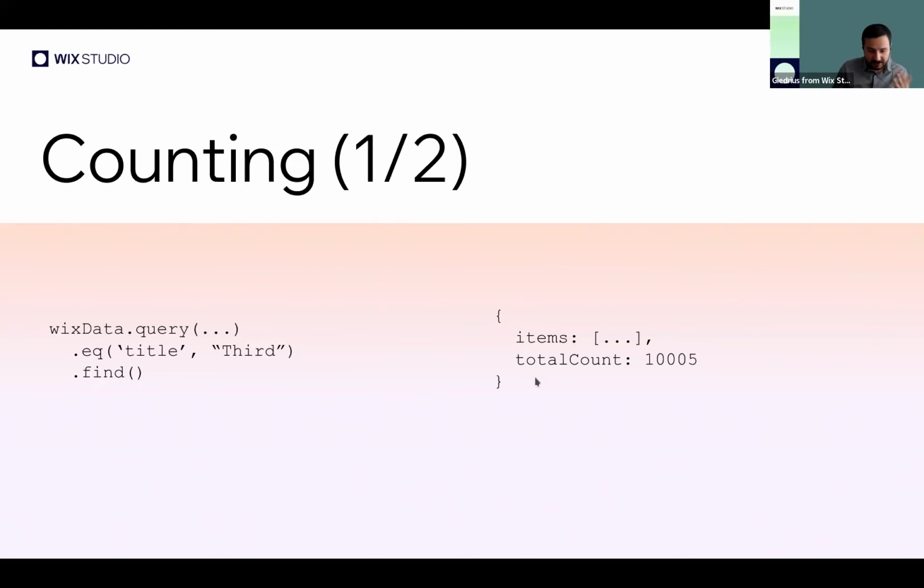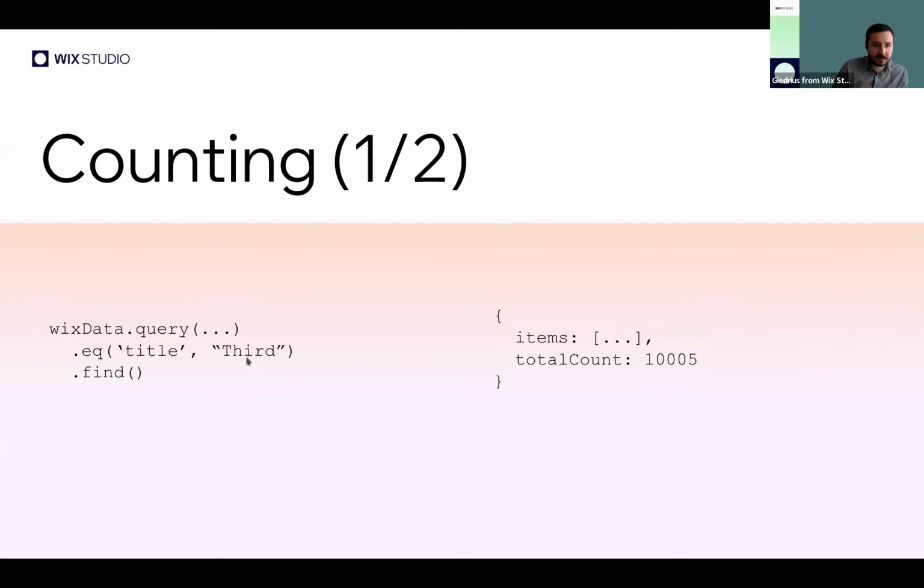But we're also going to do a second query to count how many items in total are matching your query, which means that second query is actually reading all of the collection to find out how many there are.